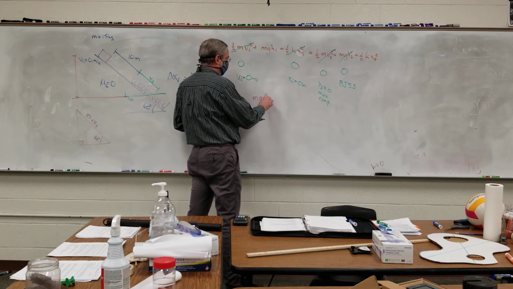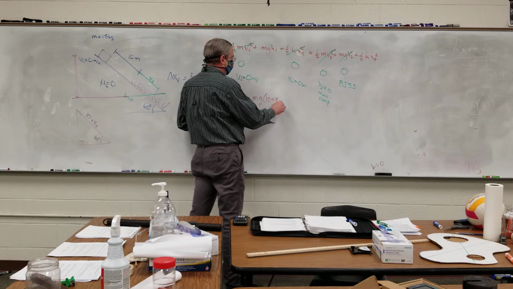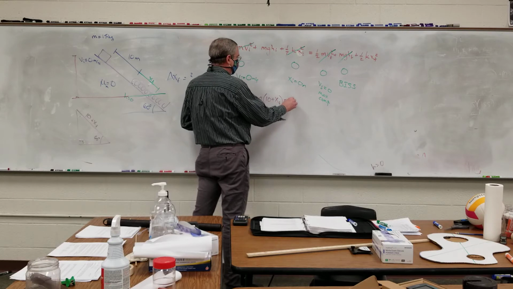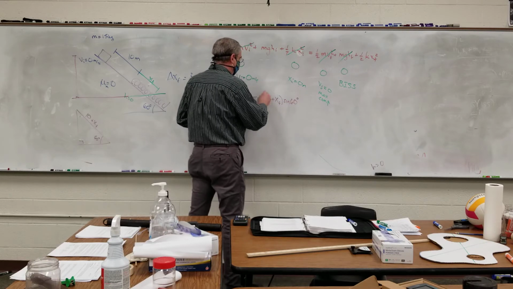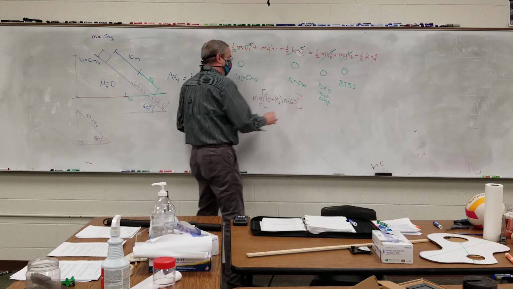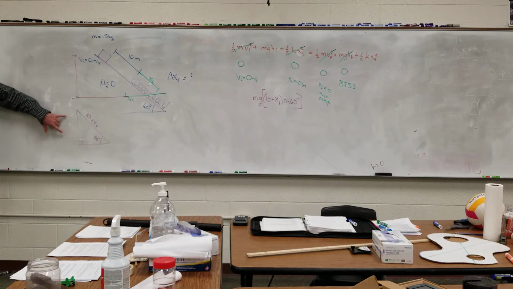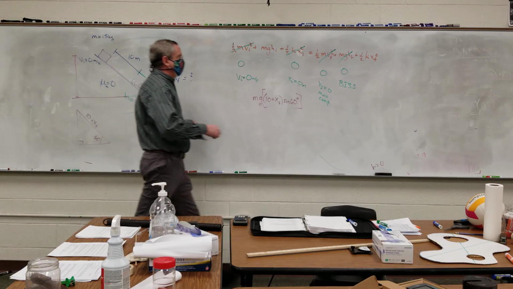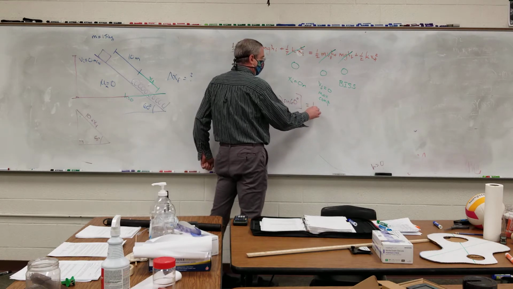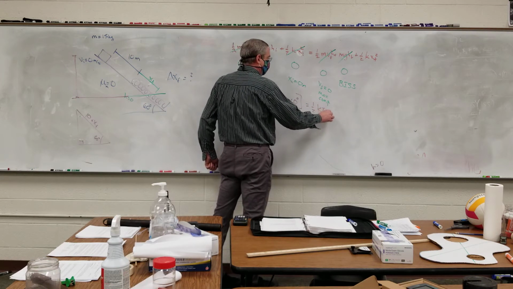Yep. What I put in brackets right there is the initial height. It's the hypotenuse times the sine of the angle, the opposite angle. And that's equal to 1/2 kx of f squared.